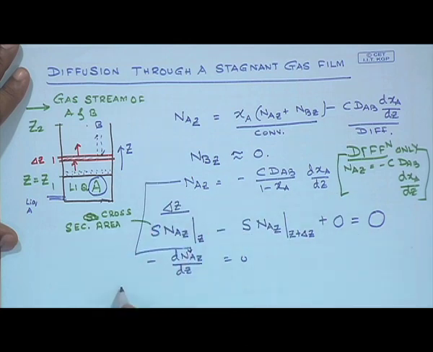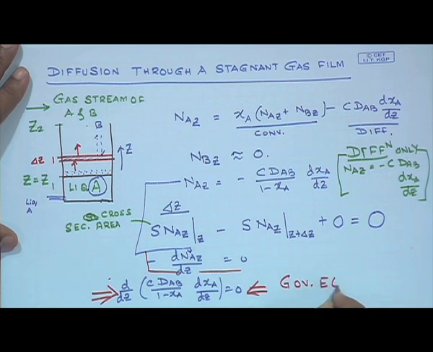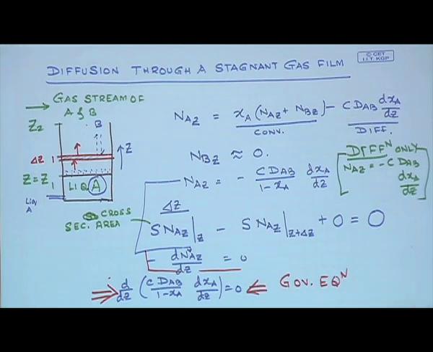So what you get is d/dz of C D_AB by (1 minus x_A) times dx_A/dz equal to 0. This is going to be your governing equation, the expanded form of the governing equation for this process.